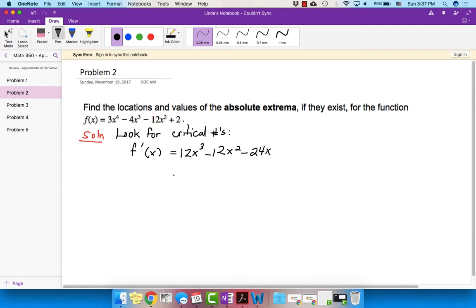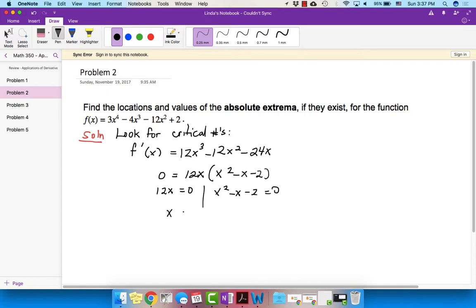Then we need to set that equal to 0 and solve. The greatest common factor for this one is going to be 12s. When we take that out, we have s squared minus s minus 2. So either 12s equals 0, or s squared minus s minus 2 equals 0.